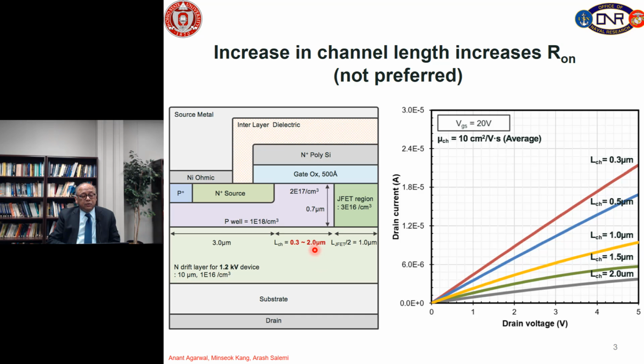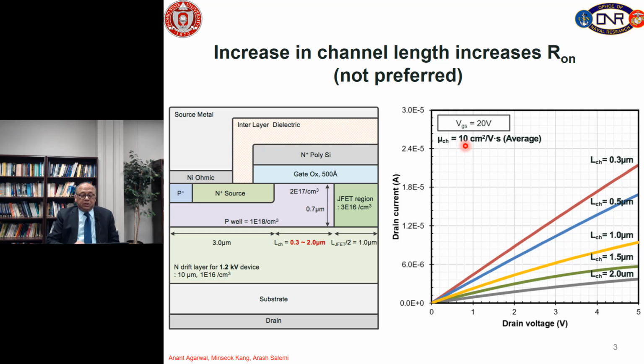Now, in this simulation, we are going to change the channel length from 0.3 micron to 2 micron and look at the on resistance of this cell at gate voltage of 20 volts. So, we have applied 20 volts on the gate.